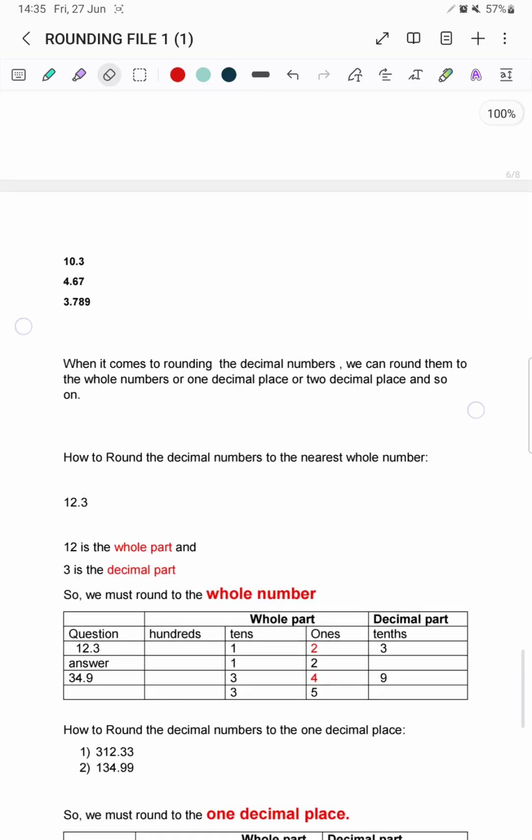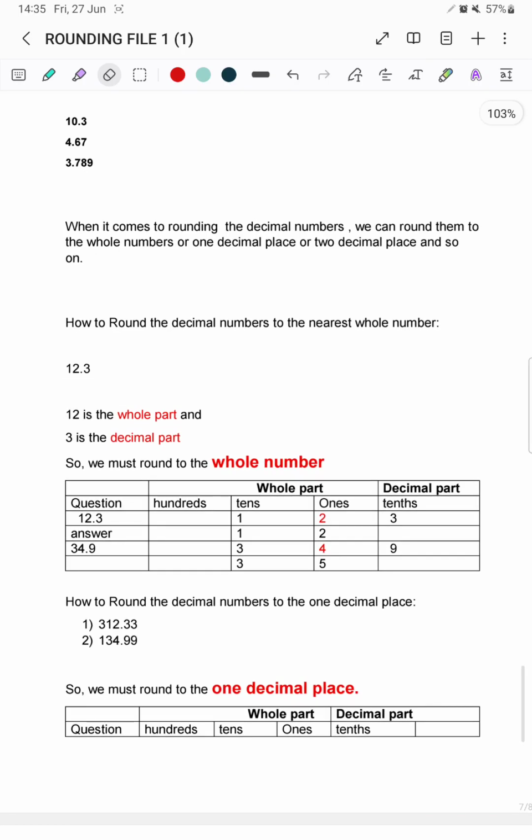So now let's say we have a first number and we have to round it to the nearest whole number. The first case I am taking is the decimal number 12.3, and we have to round it to the nearest whole number.